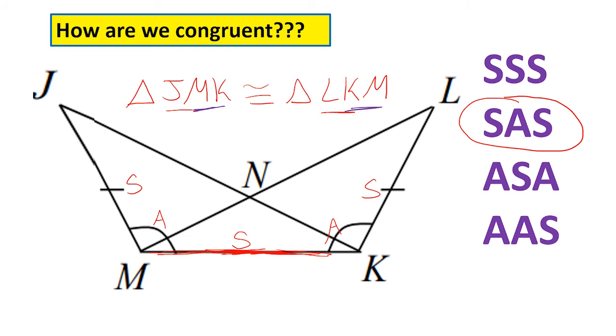And side JK and LM are congruent. And also we can look at angle JMK right here, and angle LKM that are congruent. So we can see how our corresponding sides and angles match with our congruent statement.